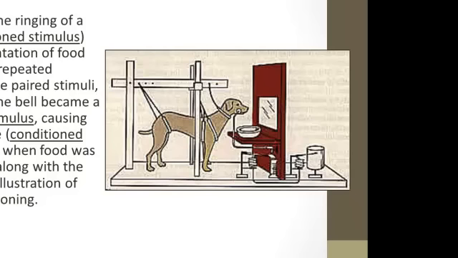What he did was he would feed the dog, and normally, let's think about this for a second. If a dog sees and smells a bowl of food, what innate response or reflex is going to happen? It's going to salivate. I mean, just the smell of the food or the sight of the food or sometimes even the thought of the food will cause us to salivate when we see something that's pleasing.